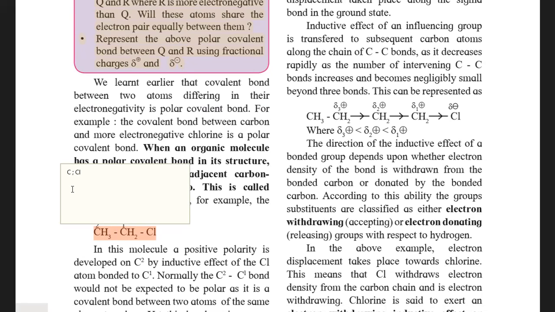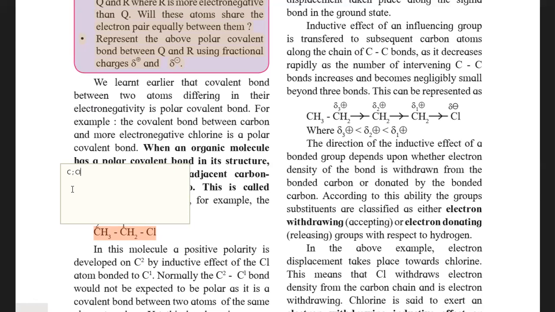So if a covalent bond is formed between similar atoms having the same values of electronegativity. What is electronegativity here? Electronegativity means the power of an atom to attract a shared electron pair towards itself. That is called electronegativity.